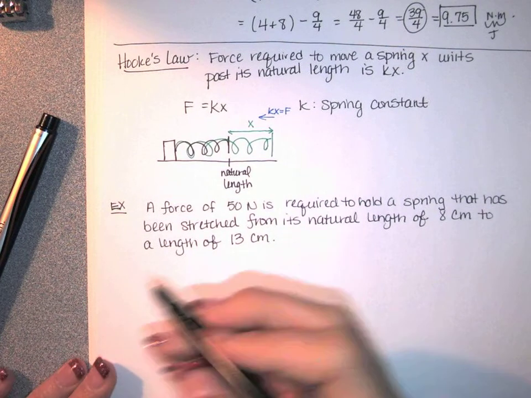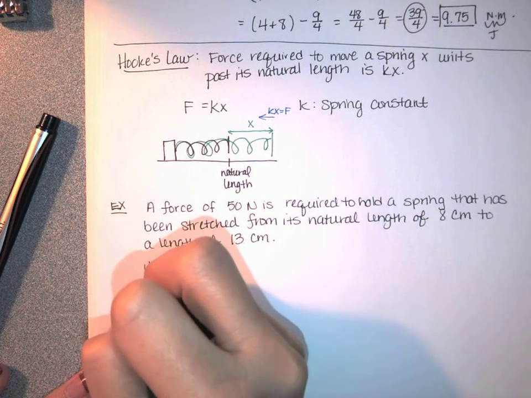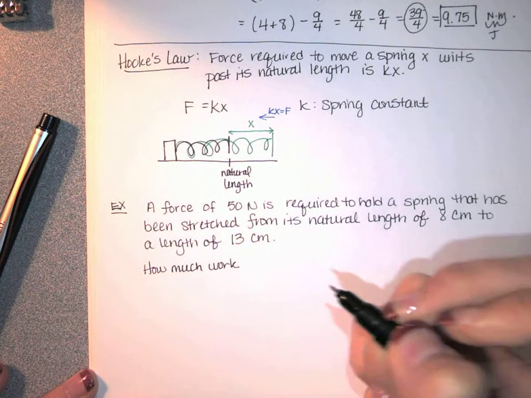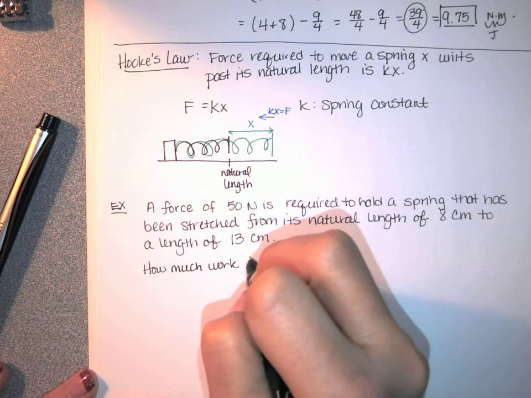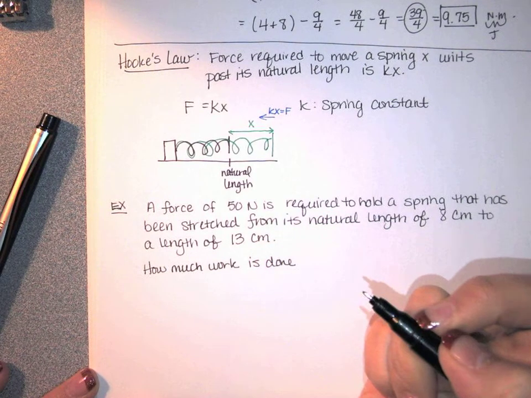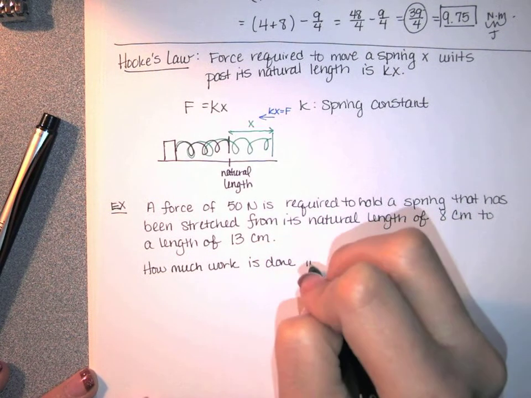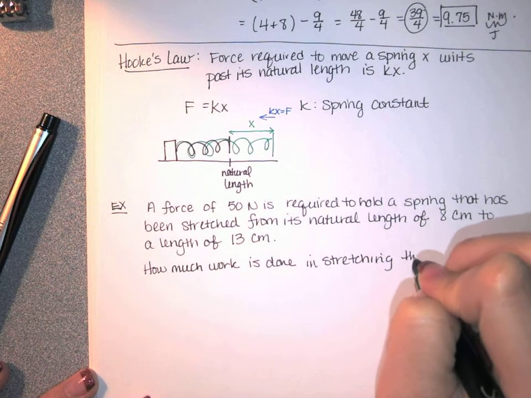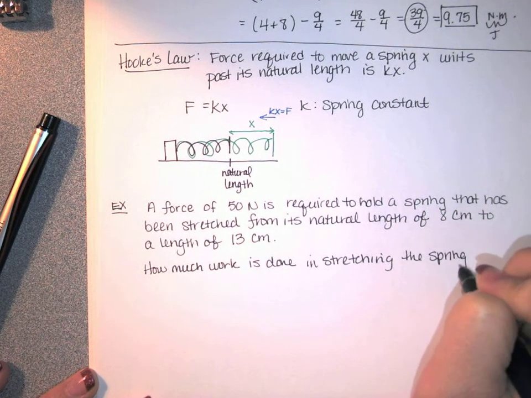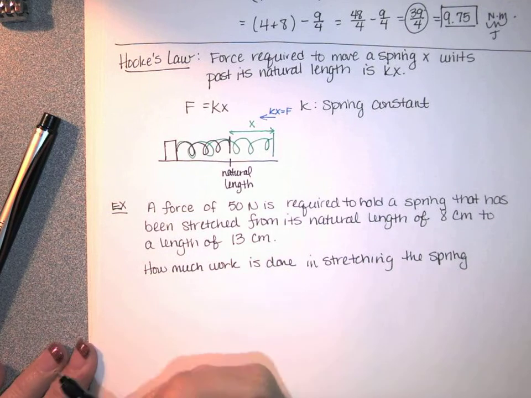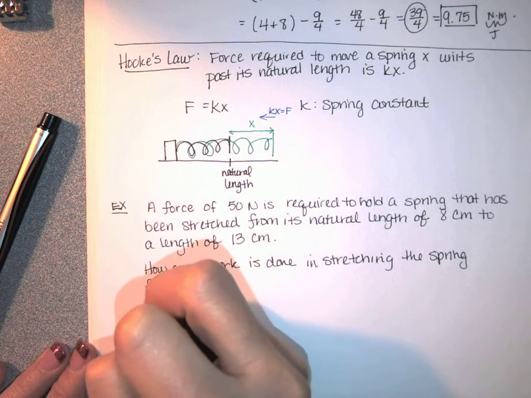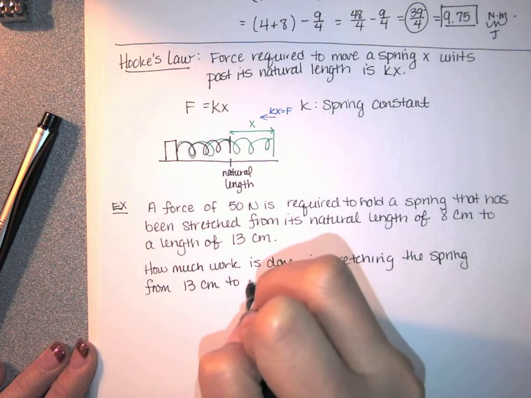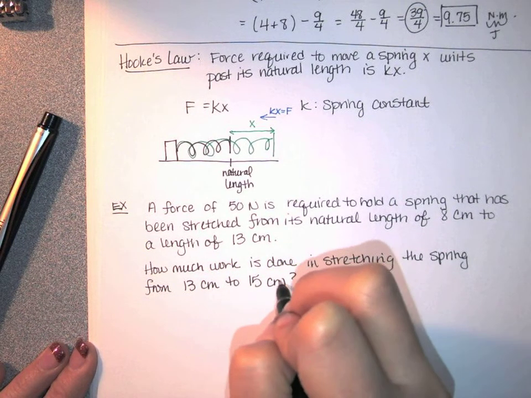Okay, so they tell us that, and then the question says, how much work is done in stretching the spring let's say 2 more centimeters, so from 13 centimeters to 15 centimeters.